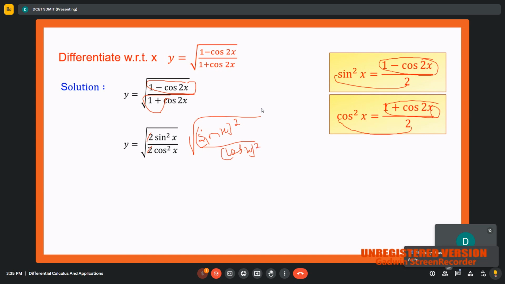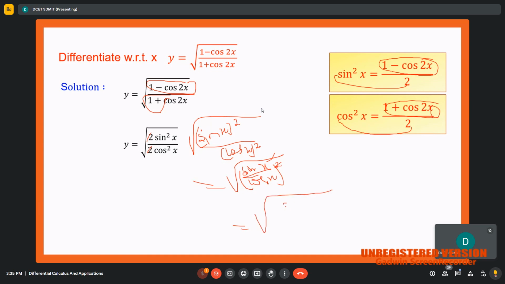Now the square root and square are cancelled. What is the left term? Sin x and cos x.